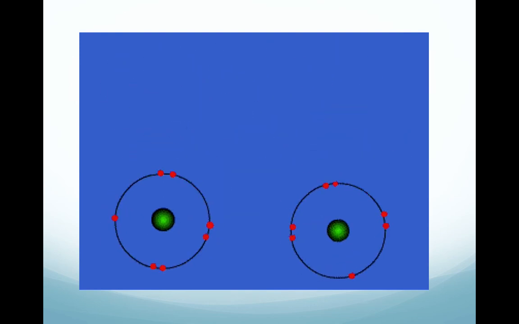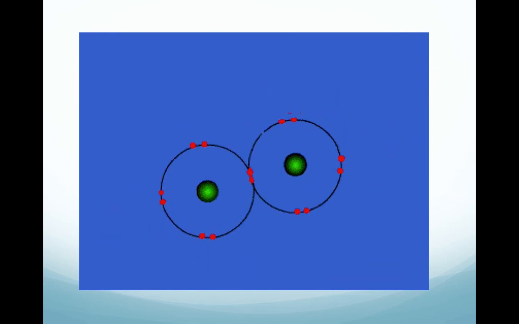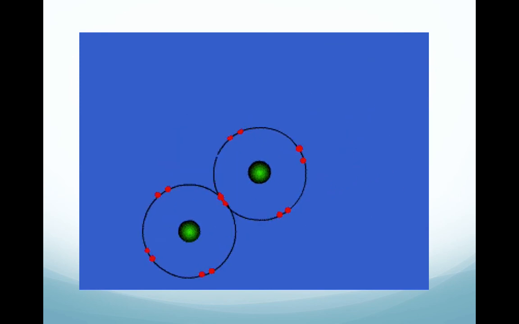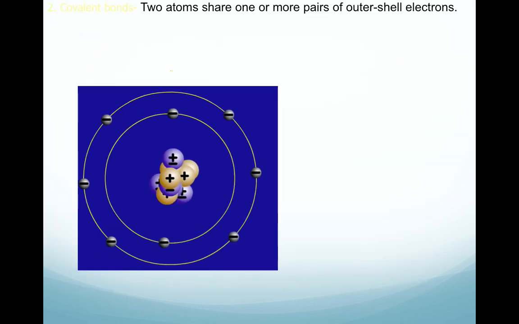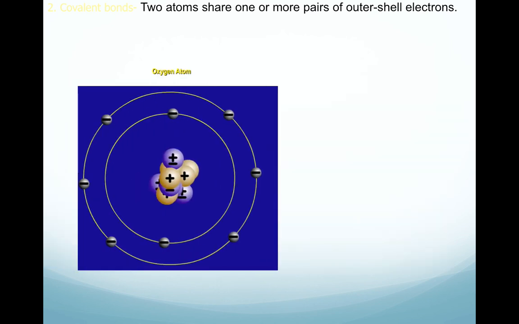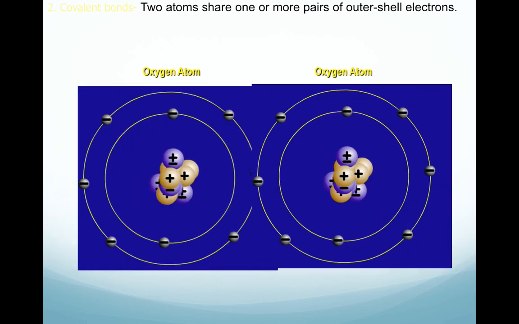So this is what a covalent bond is. It's basically sharing, and that sharing creates an attraction between the two atoms that forms a bond. Again, looking at this, two oxygen atoms will bond together to form oxygen gas because when they're together, they have a filled electron shell.